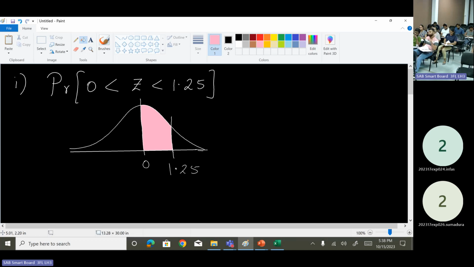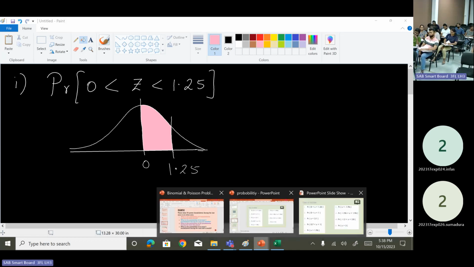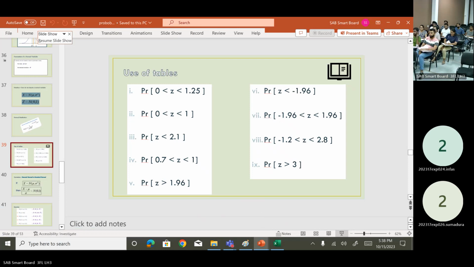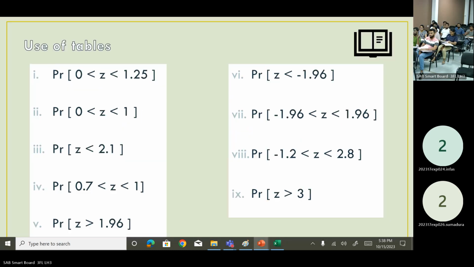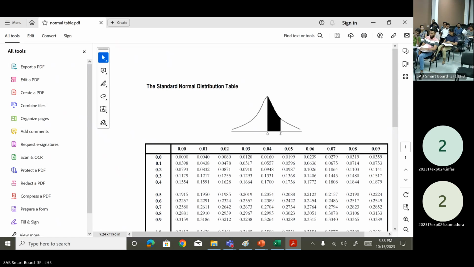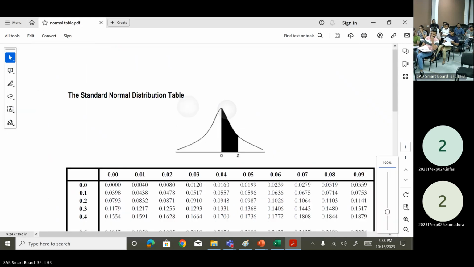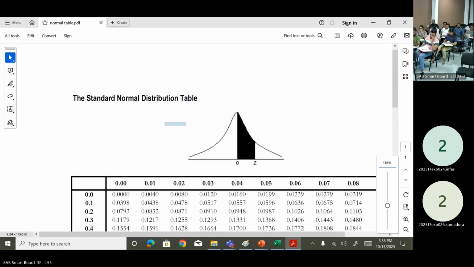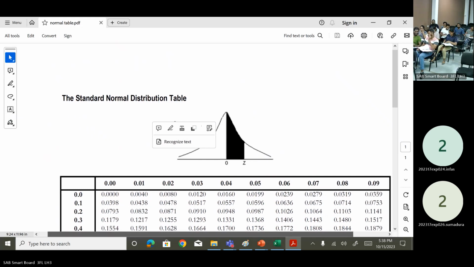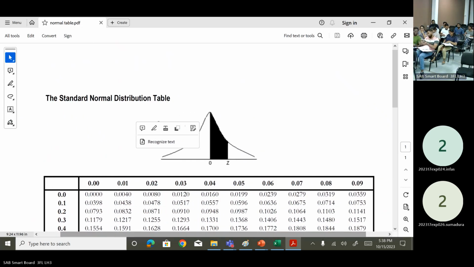So now we look at the table. In the table, you have a highlighted region at the top. Okay, that's clear now.